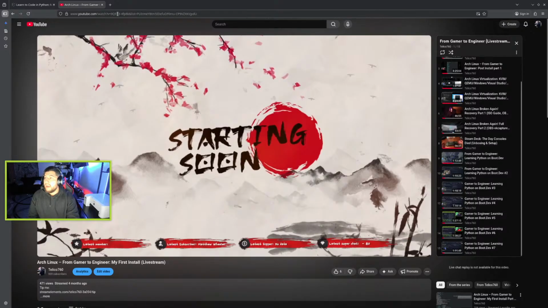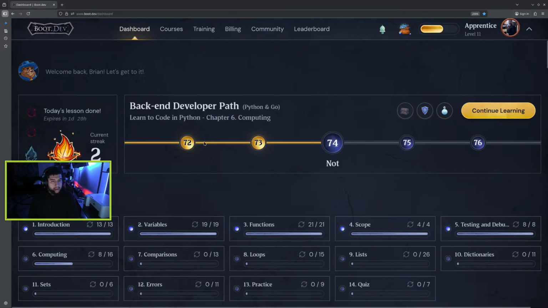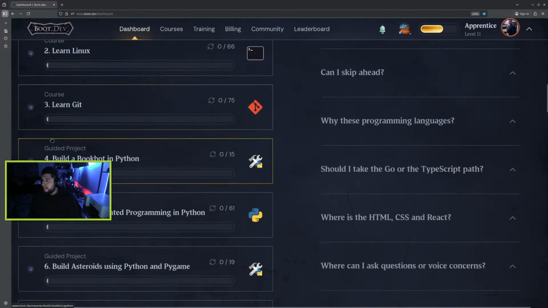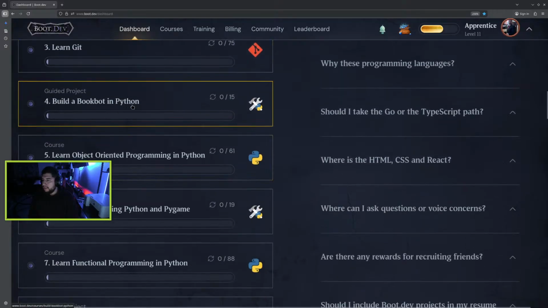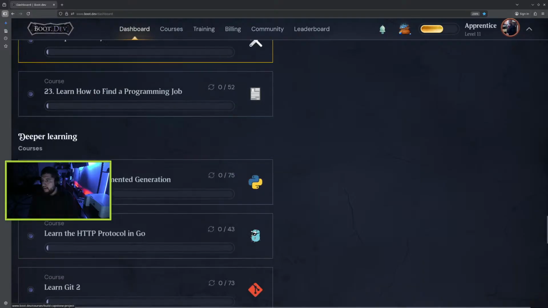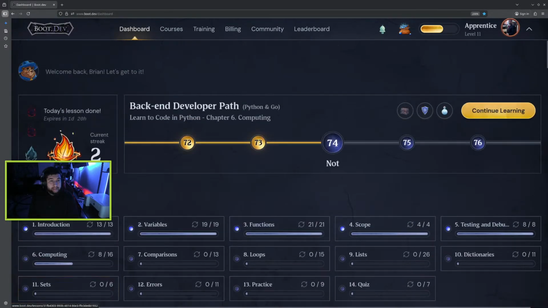After I finish Python with Boot.Dev, I'm going to finish this one, and then I'll be doing the second course, learn Linux, and it's still going to be on that playlist over there. And then third, learn Git, build Book Bot with Python, and so on. I'm going to try to get as much of this done before my subscription expires. I'm liking it so far, so I might continue the subscription if I don't finish it on time.